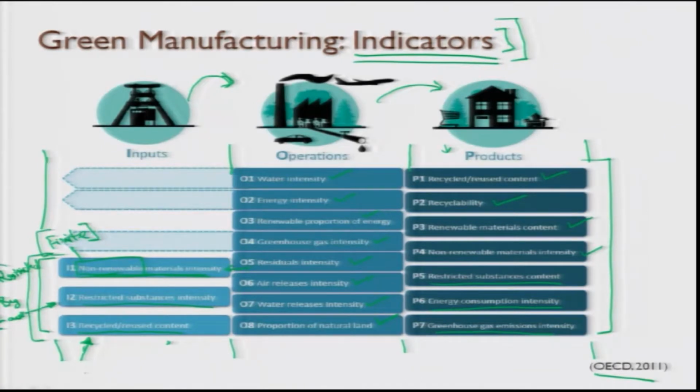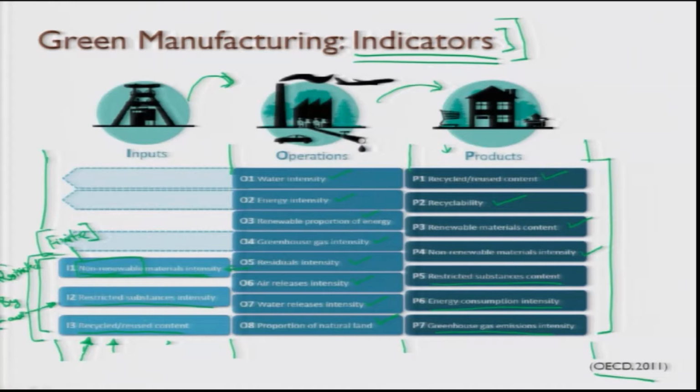So this indicator accounts for all the material inputs that are to be used for the manufacturing process in your facility by weight other than fuel and water. It excludes materials that are recycled and reused within the facility. So this indicator is also very important. The increasing recycle and reuse content of non-energy material will reduce the total amount of new materials required.